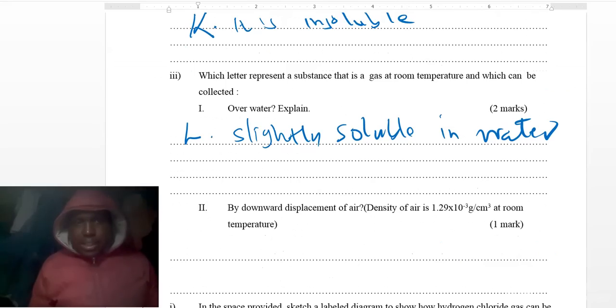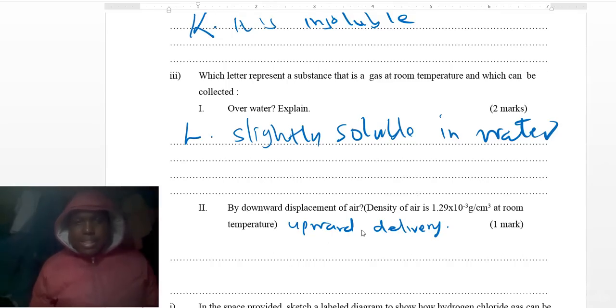Which substance can be collected by downward displacement of air? Remember, downward displacement of air is upward delivery. For a gas to be collected by that method, that gas must be lighter than air.